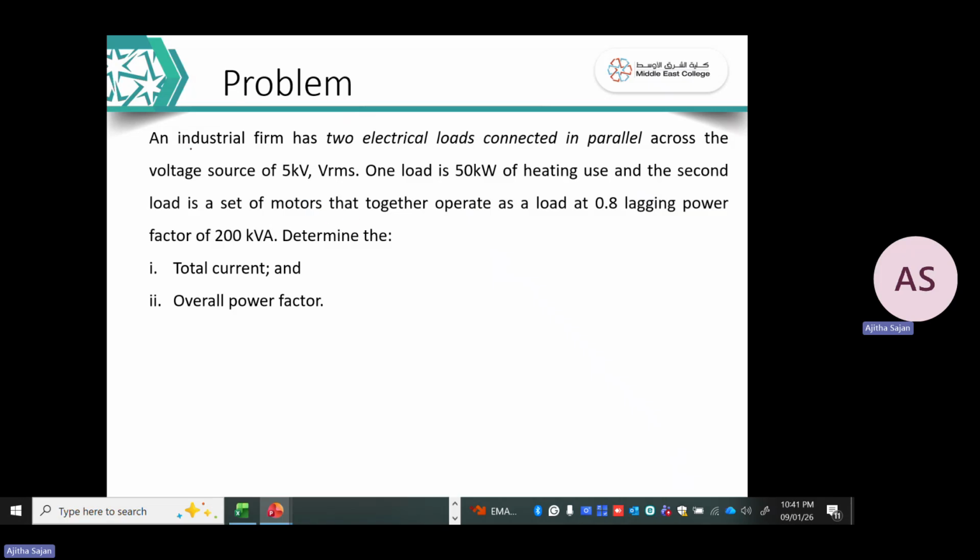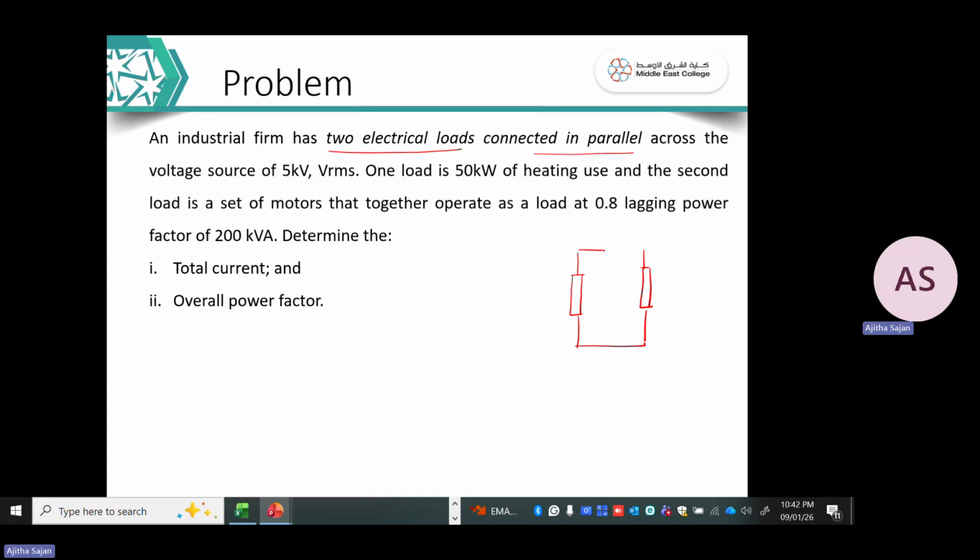About complex power. Just read it. An industrial firm has two electrical loads connected in parallel. I'm just drawing each load as a box because I'm not sure whether it is a resistance, an inductor, a capacitor, or a mixed one. Writing it as a rectangular box indicates that it is an impedance. It may have inductance, capacitance, or both.